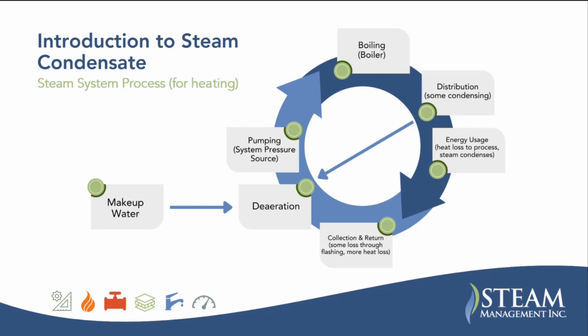Then that feeds into your deaerator, and any steam that is lost in the system has to be made up with makeup water. This is where the importance of condensate return comes in. How much can you get back to your deaerator or your feed water heater and reuse for the boiler?